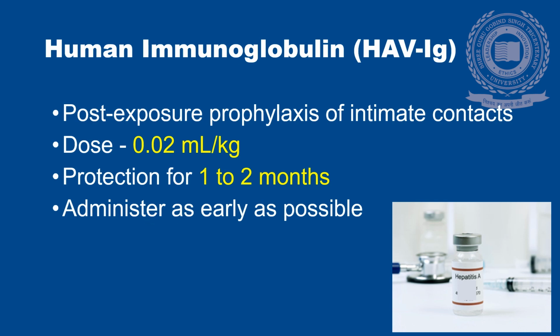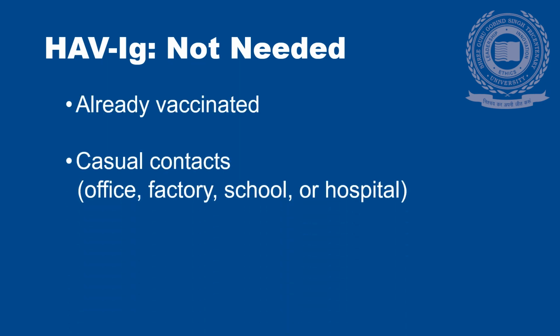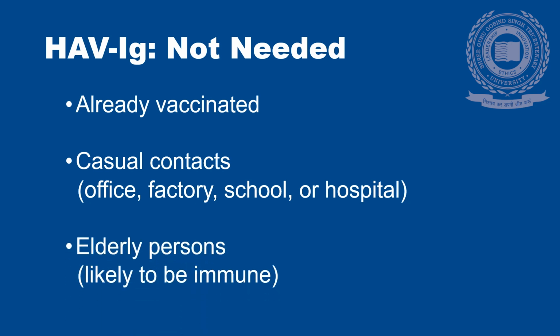It is better to give it within the first 2 weeks. The scenarios where it is not needed are if the person is already vaccinated, there was a casual contact like office, factory, school or hospitals, and if the person is elderly because they are likely to be immune.